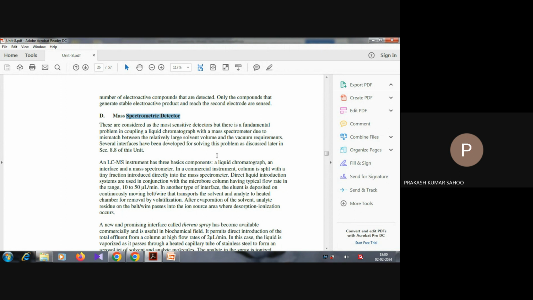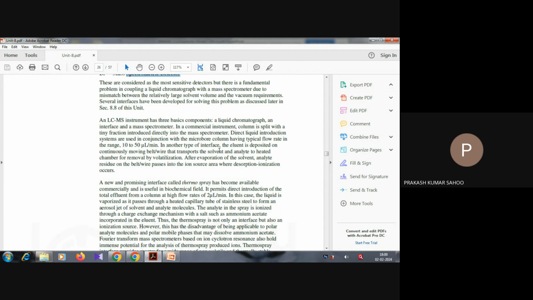So when the components are separated, mass spectrometry is connected, and by fragmentation, the components are detected. And when it is integrated with liquid chromatography, the instrument is named liquid chromatography mass spectrometry.